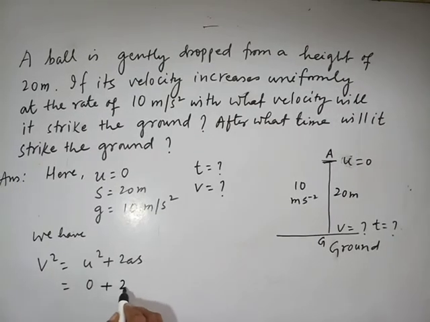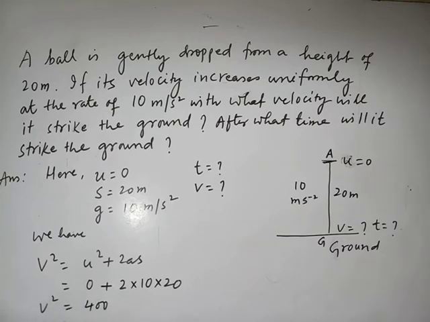So v square is equal to 0 plus 2 into 10 into 20, which comes to 400.